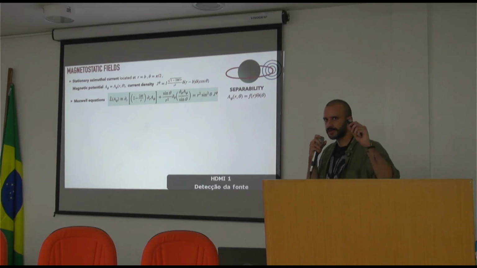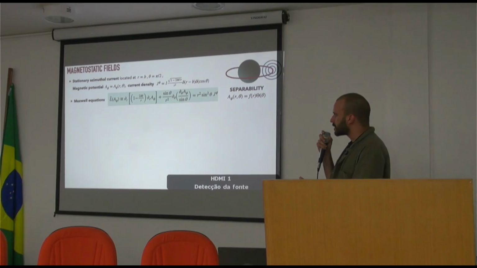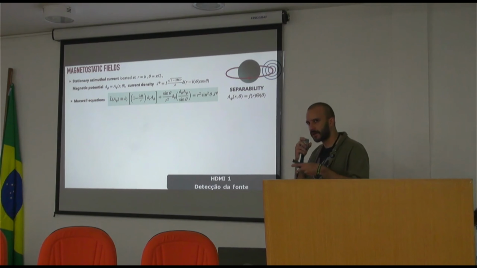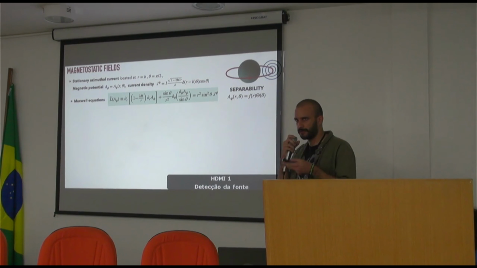So we have a certain radial eigenfunction and a certain polar eigenfunction. In this way, we can basically separate this differential operator, and the separation will be such that we have to solve a system of two coupled Sturm-Liouville problems, which are basically eigenvalue problems, let's say.